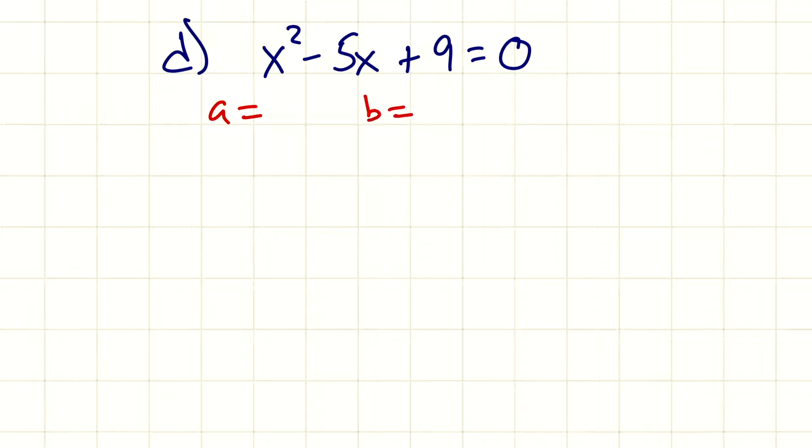In this one we look for A, B, and C. This is going to be a 1. You'll notice there's a 1 in front, right? An invisible 1. Negative 5 and a 9.